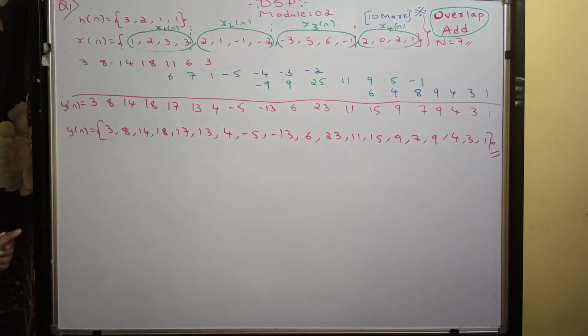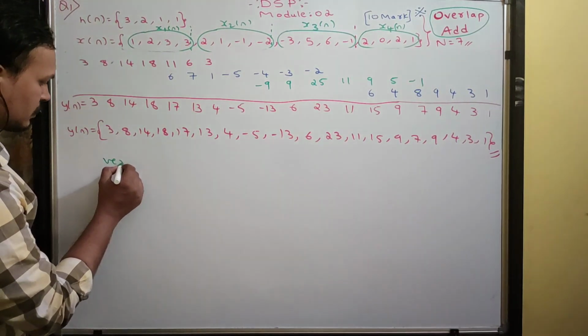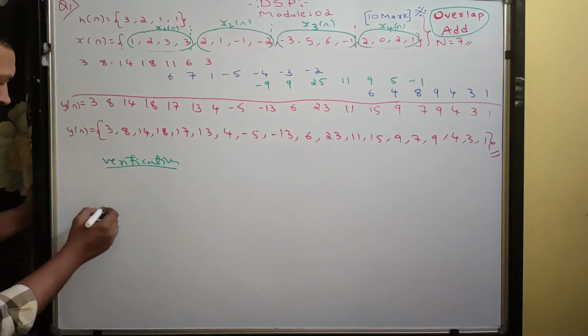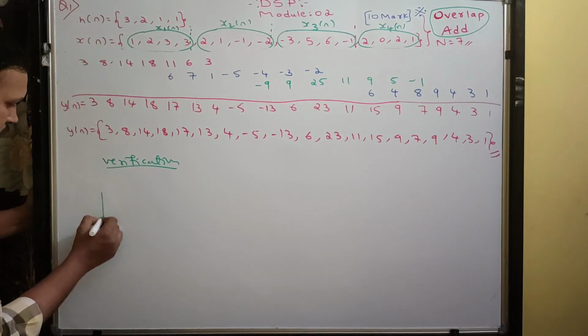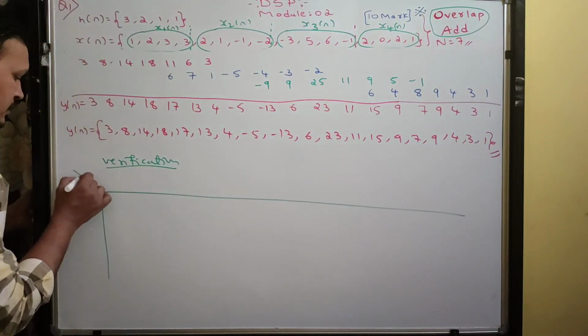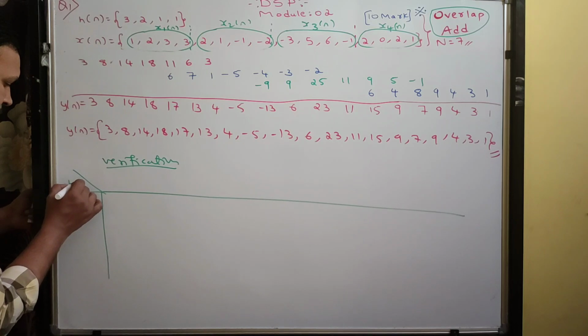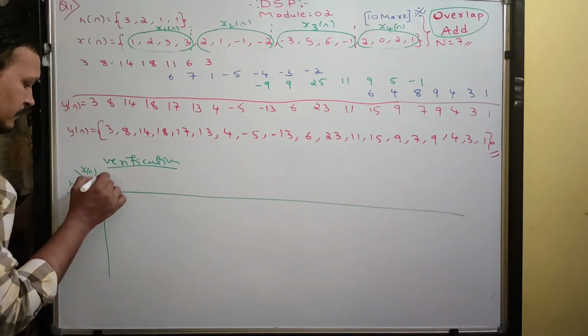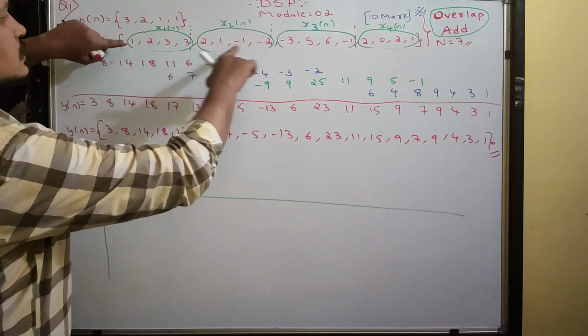Understood? Now verification. Look here, guys. This is very, very important. This is h of n and x of n. What is given in the question?